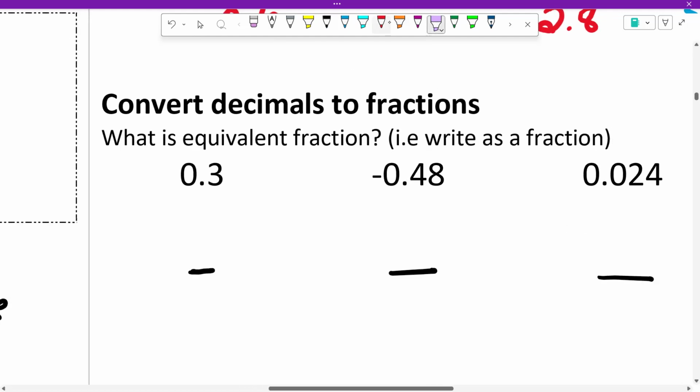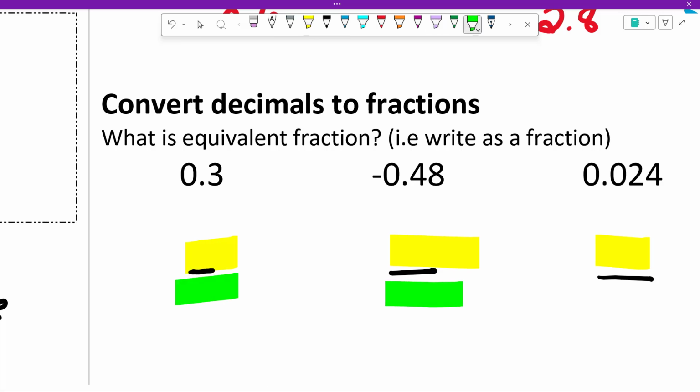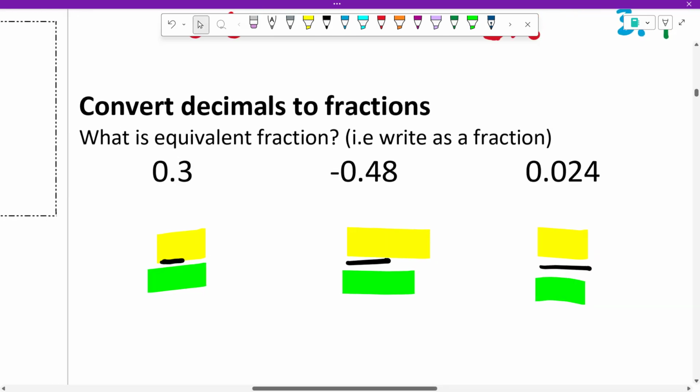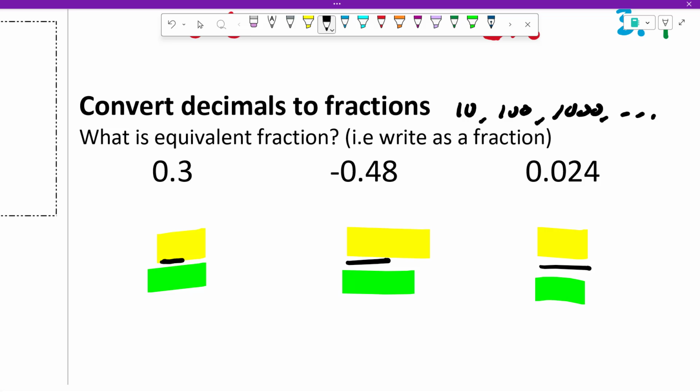We have our top number and we have our bottom number we need for our fraction. And our bottom number, Rylan remembers from last year, is a number like 10, 100, 1,000, and so on. A 1 followed by a bunch of zeros.